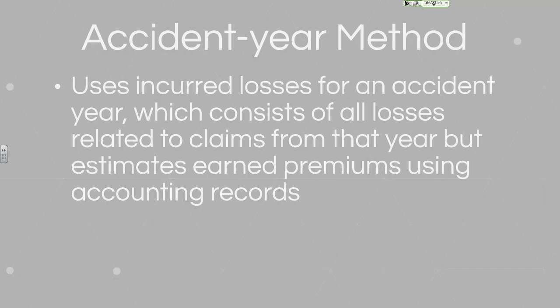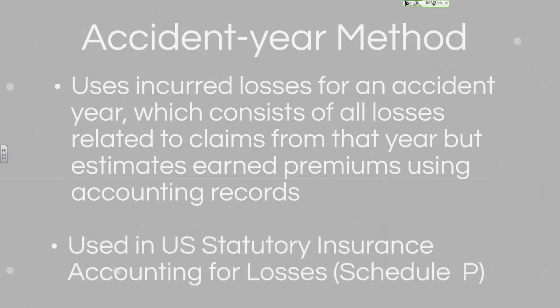Using the accident year method of data collection, it's incumbent upon actuaries and underwriters and other personnel involved to specifically tie losses paid and loss reserves back to the years in which the losses actually occurred. This makes sense because you want to make sure that the premiums paid in those particular years are tied only to the losses that occurred in those years to get an accurate loss ratio.